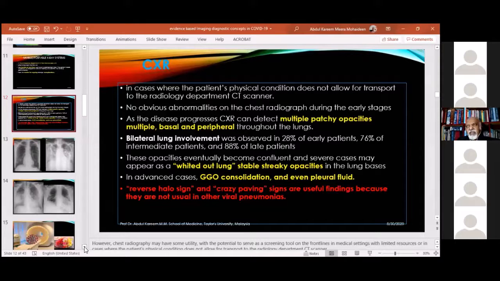So I want the audience to remember a few important points. What you should look for: you must look for multiple bilateral, small or large, basal and peripheral opacities. So this you must remember. They can be small or large depending upon the phase of the disease. They will be multiple and bilateral.